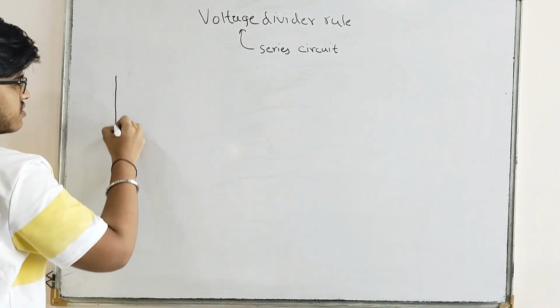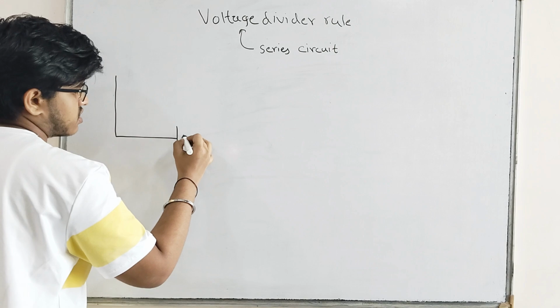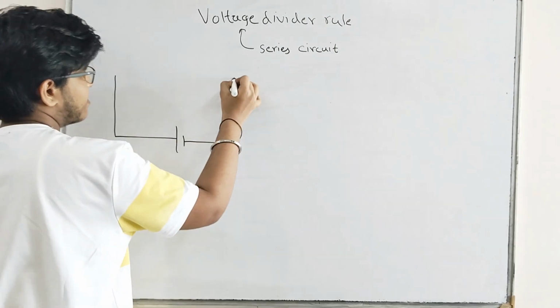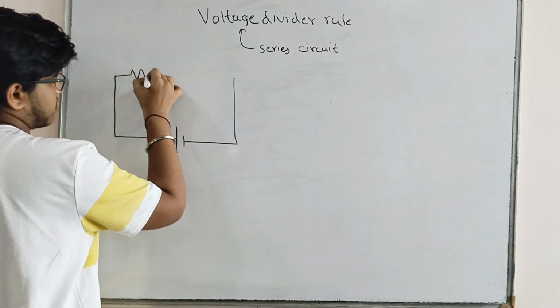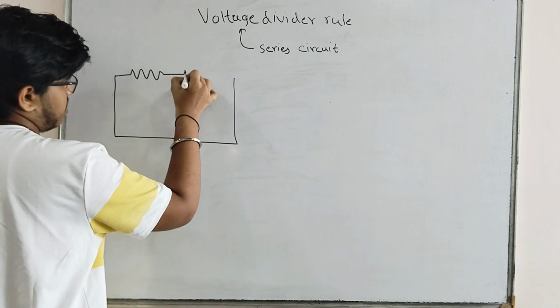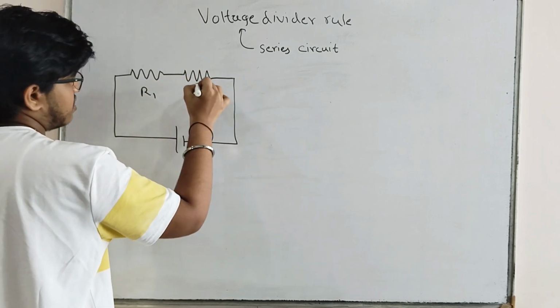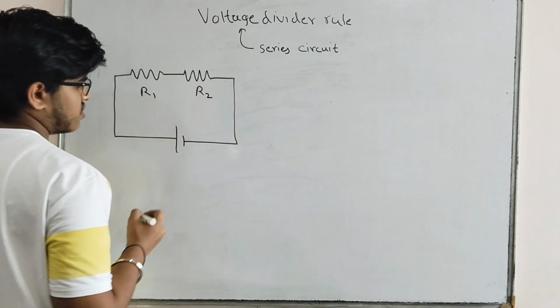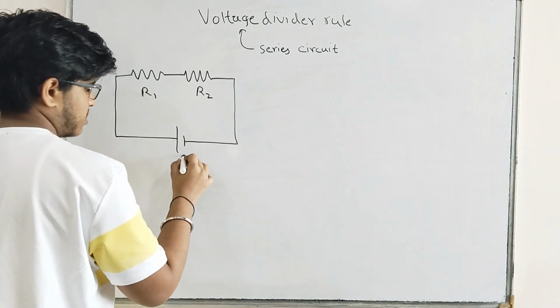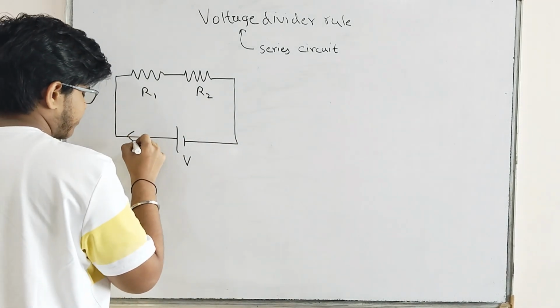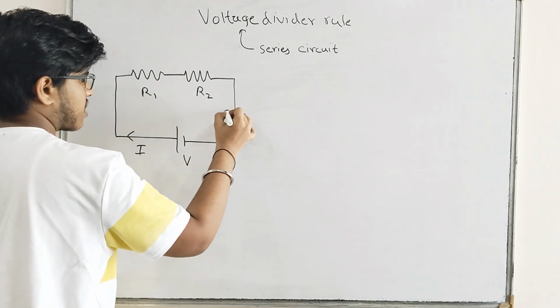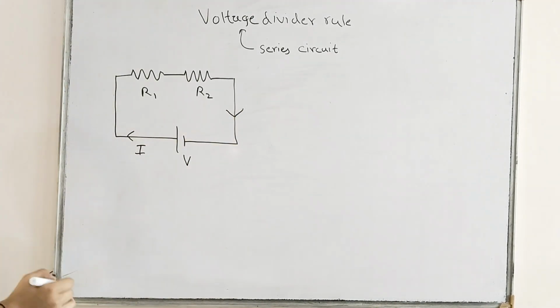I will draw it here. A series circuit. This is my DC supply and there are two resistances. Okay, this is my R1, this is my R2. The supply voltage is V and let I be the current flowing in this circuit.